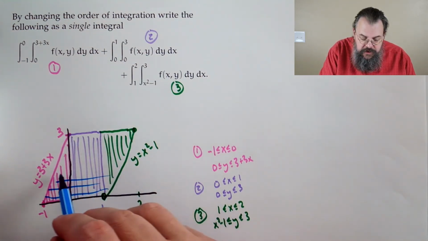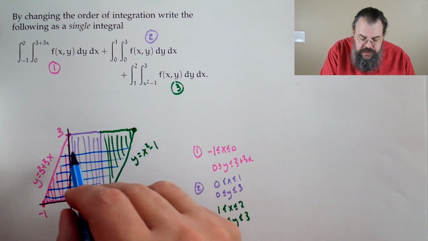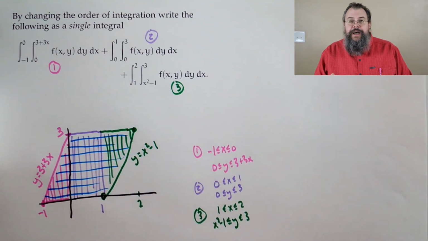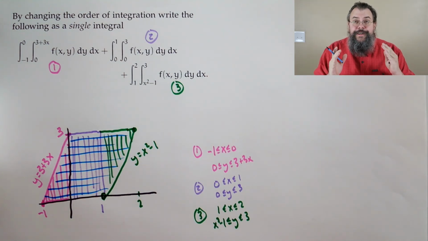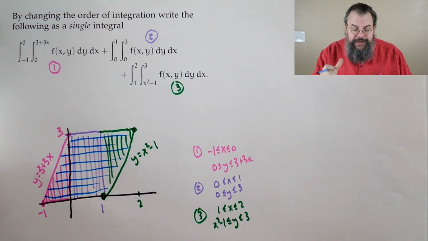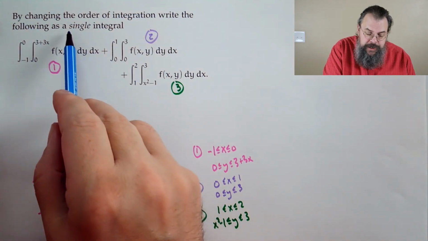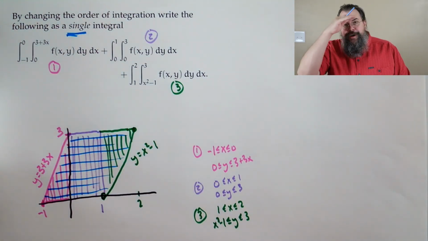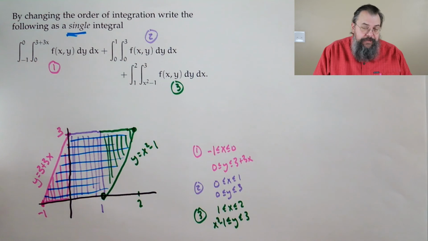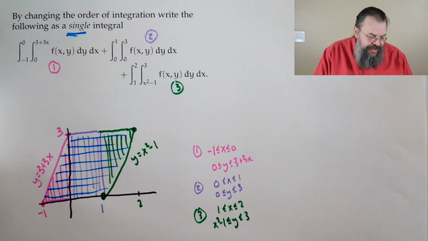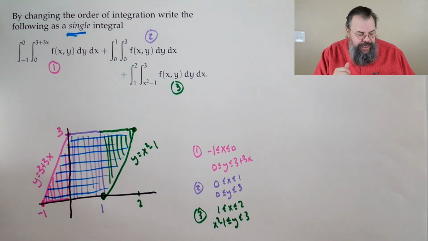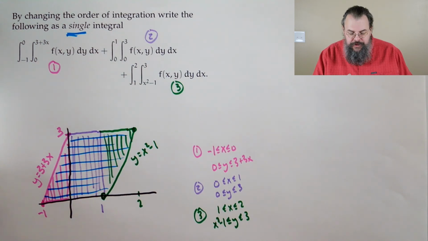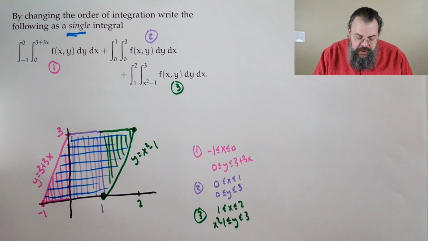And notice, as we go horizontal slicing over this region, we always have a consistent left hand and right hand side, which means we only need one integral, which is good, because we only wanted one integral. If we needed like 5 integrals, we'd be in trouble. But we're good to go.